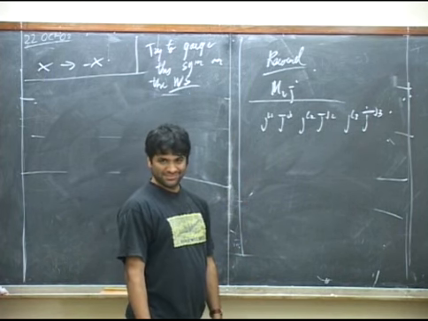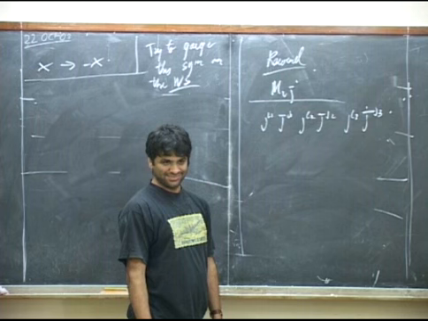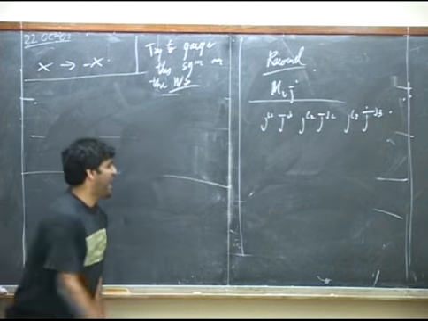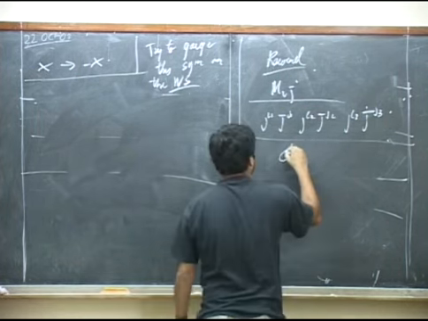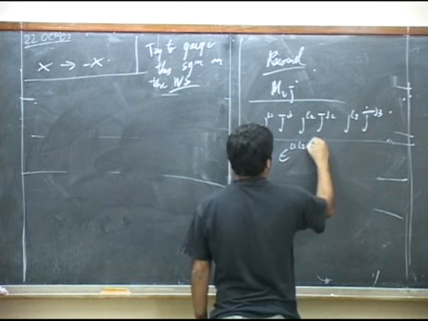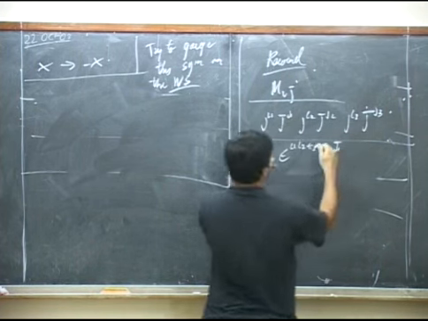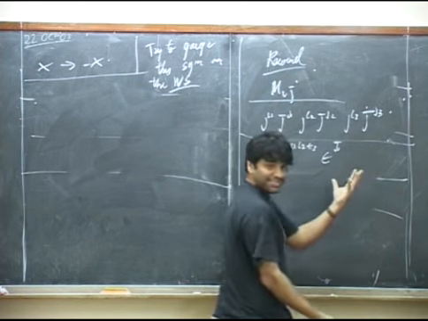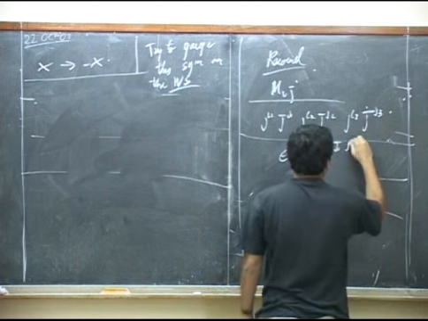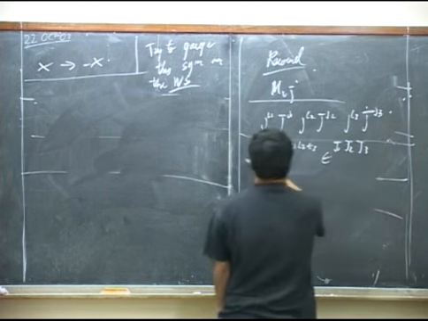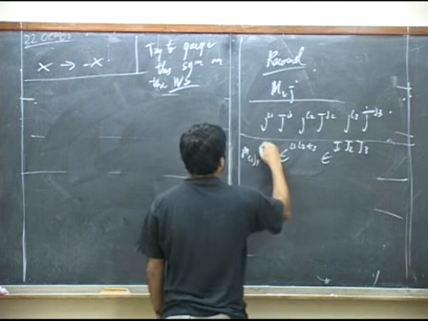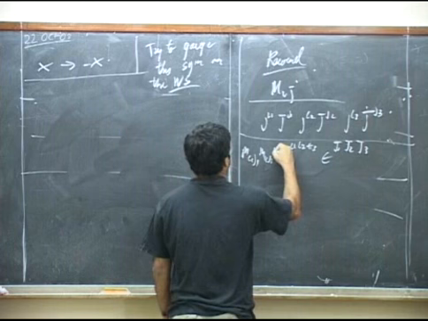These three J's give you epsilon_{i1 i2 i3} exactly, times epsilon of the bar indices. So that tells you that there's a term of the potential m_{i1 j1}, m_{i2 j2}, m_{i3 j3}.